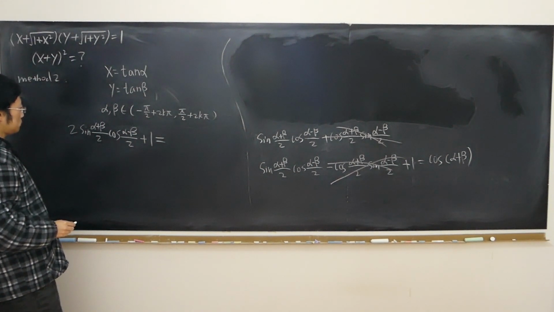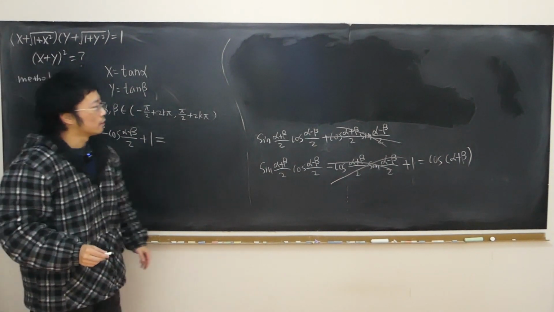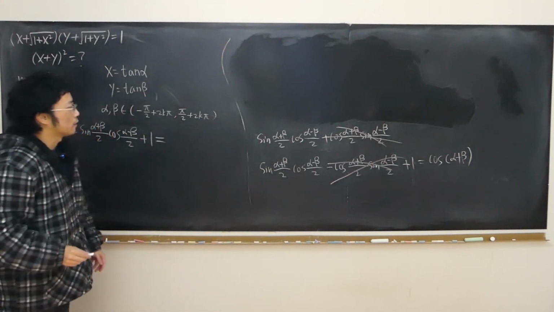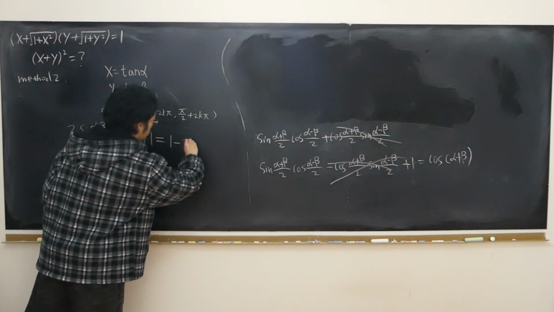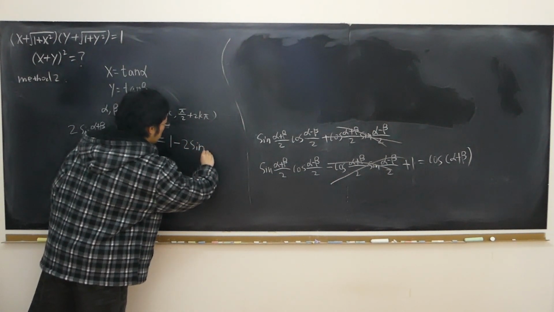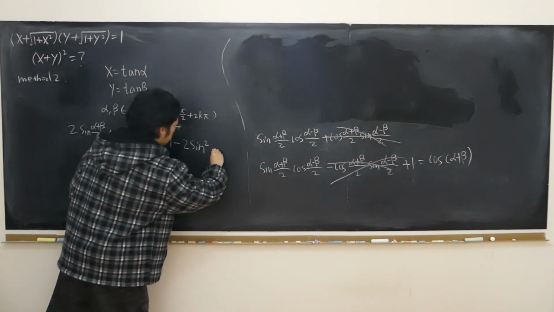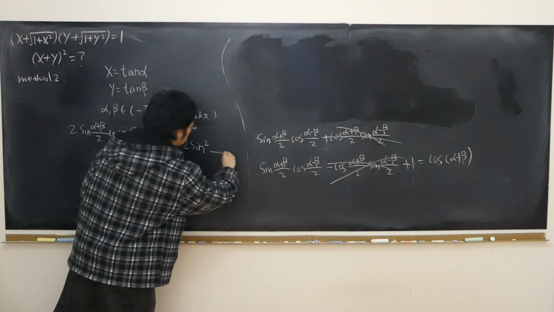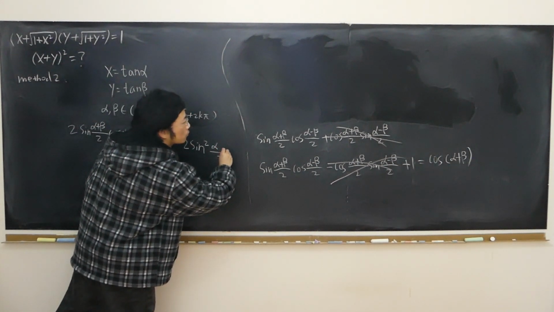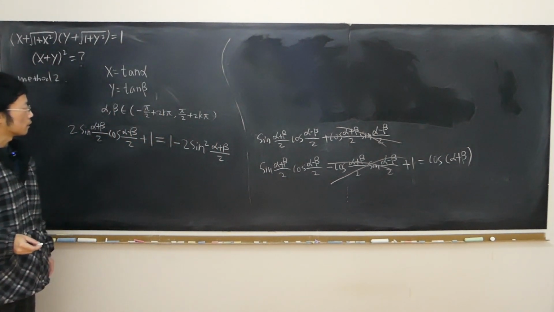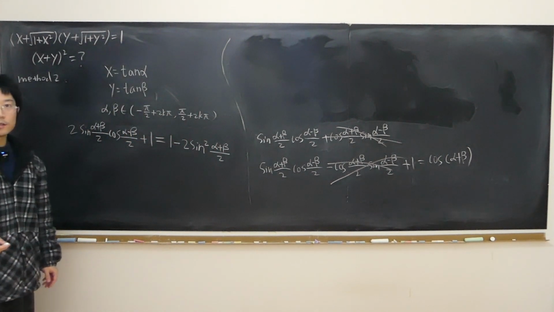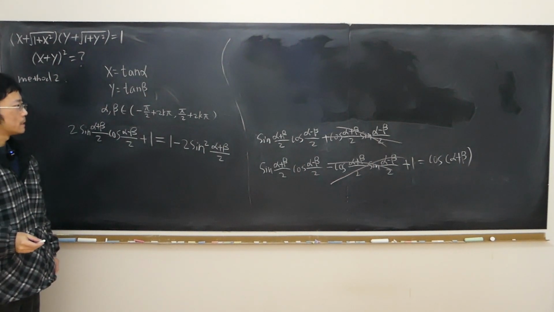Okay, let's deal with the right-hand side. So cos alpha plus beta, I can rewrite that into 1 minus twice of sine squared of half of alpha plus beta. Again, that's just a trig identity of the double angle formula.